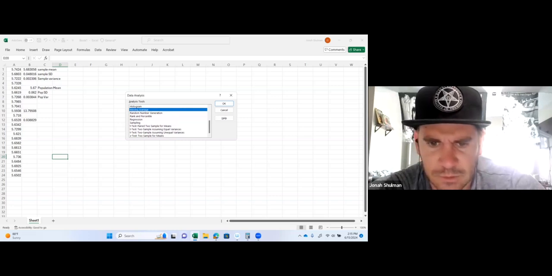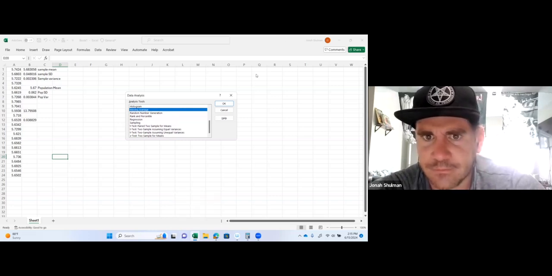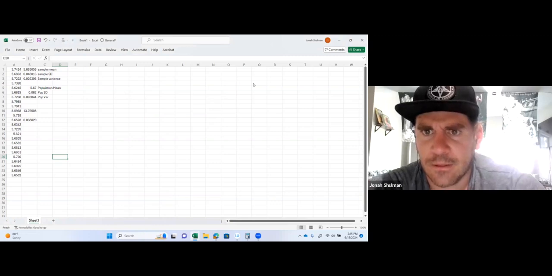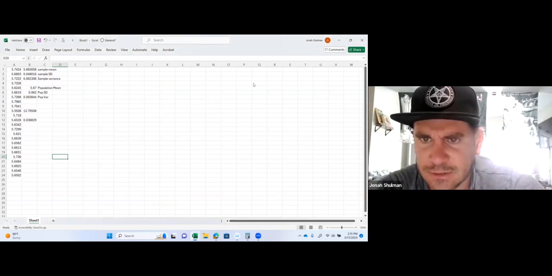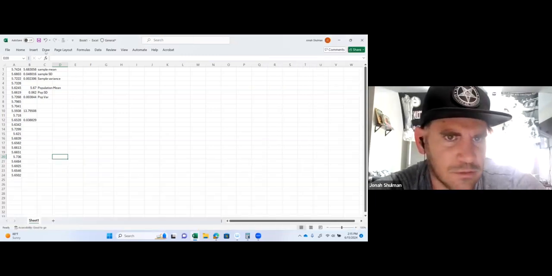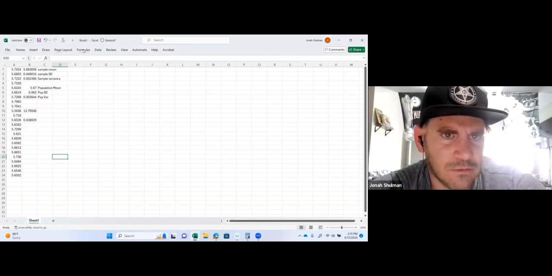Okay, let's look at what the book said. The book says click on the Excel stat tab in the ribbon and then click parametric tests.